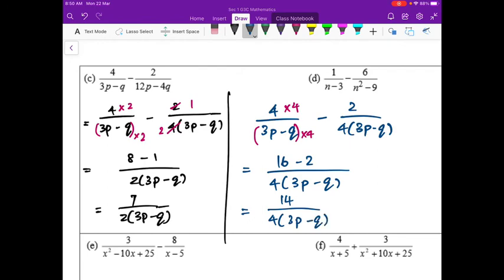Will you leave your answer like this? No, you wouldn't. You would have divided by, what will you divide by? Divide by 2. Then your denominator becomes a 2 and 7. Then you see that they are the same. 7 and 7 in the numerator, 2 and 2 in the denominator, then 3p minus q. It's the same thing. It's just that you are having to simplify at the last step, whereas we simplified at the first step.